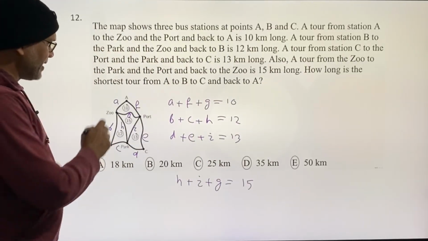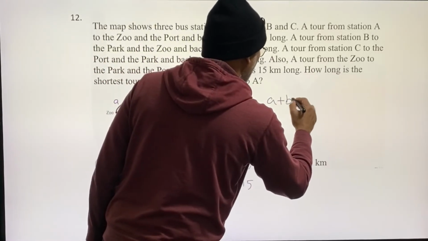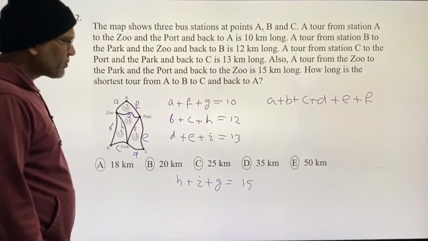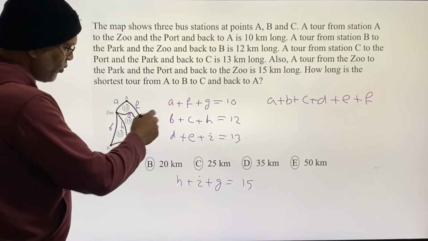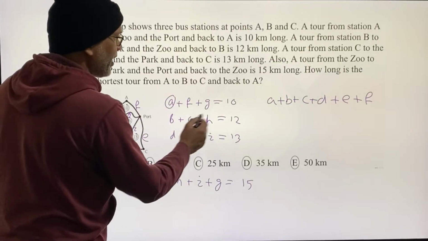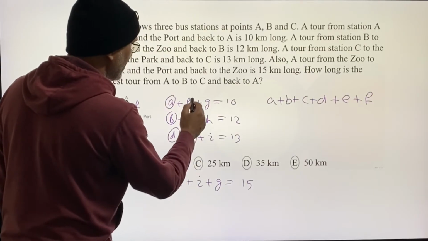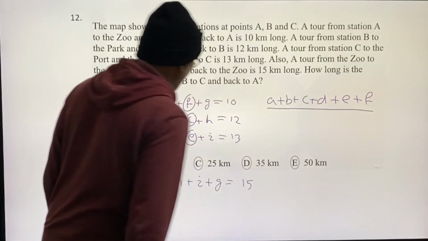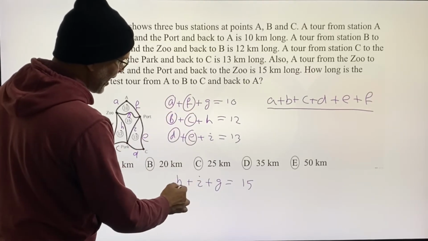What we want is A plus B plus C plus D plus E plus F. So if you look at these 4 equations, I have A, B, C, D, E, F, which is what I want, plus I have extra G, H, I.